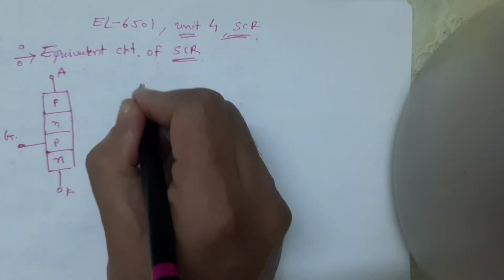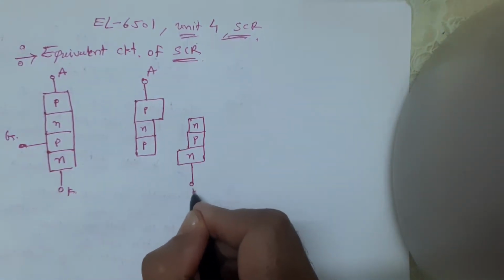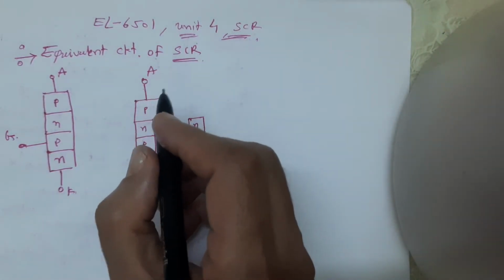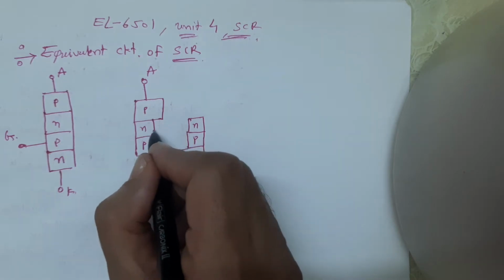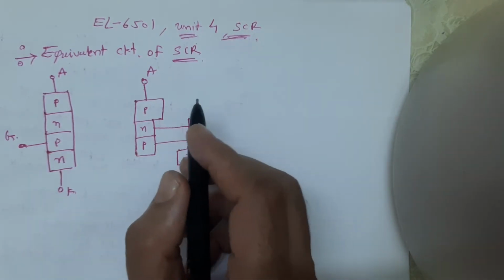This is your anode, this is your cathode, right? This N is connected with the N, this P is connected with the P, right?